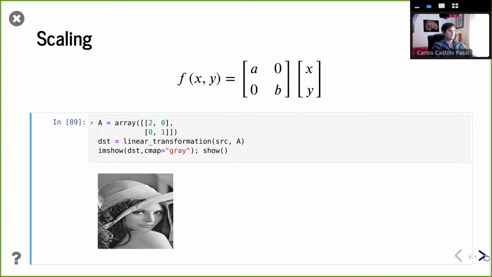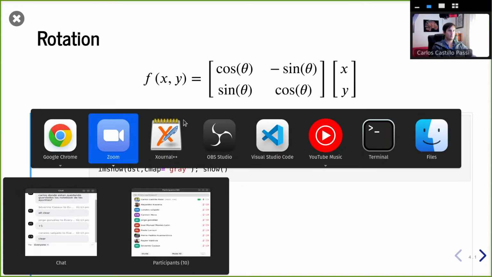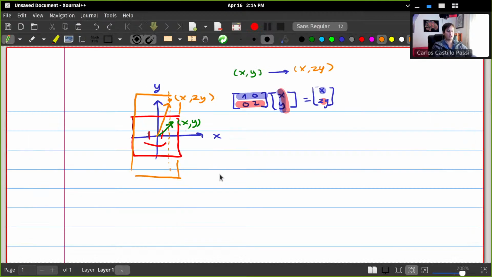Okay. Another type of linear transformation that is very common is a rotation. To explain why the rotation is characterized by this matrix, let's go back to the drawing board.